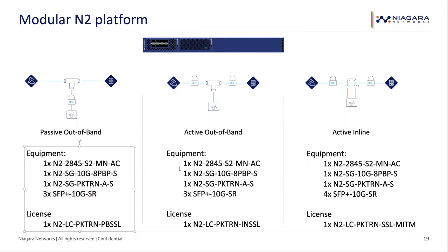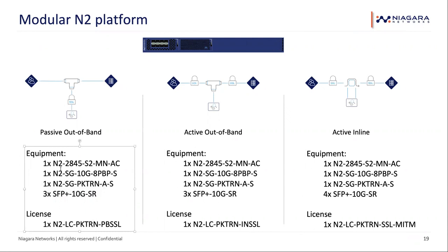And for all of these, the equipment is basically the same. So 3 SFPs. On the active inline, we need 1 additional SFP because we are connecting an inline appliance. The only difference here is the license that you are installing on the Packetron.